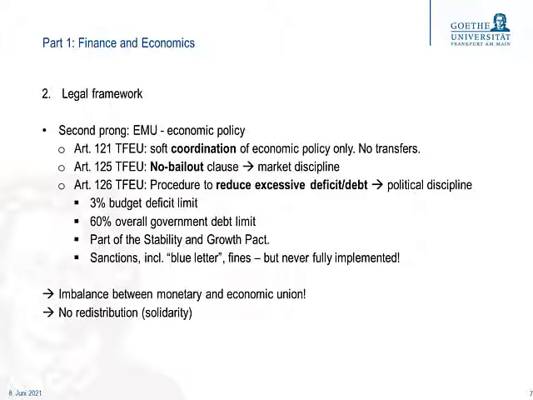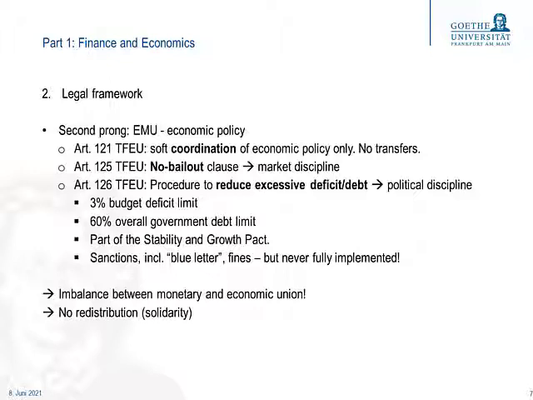By contrast, Article 125 provides that governments may not assume the debts of other member states. So each member state has to be self-reliant, nor may the European Union take over the debt of its members. Article 126 says, we recognize that this is a risky situation, that governments don't have that many safety valves. Therefore, it's important that each government remains healthy, and that means they shouldn't have too much debt upfront.